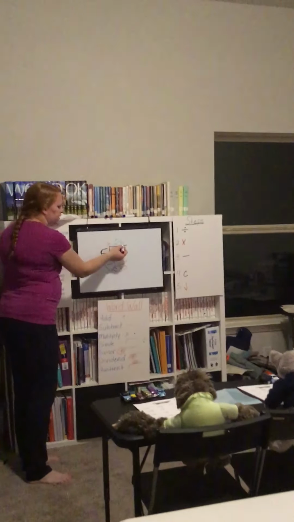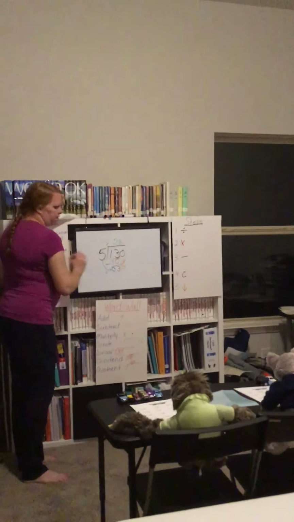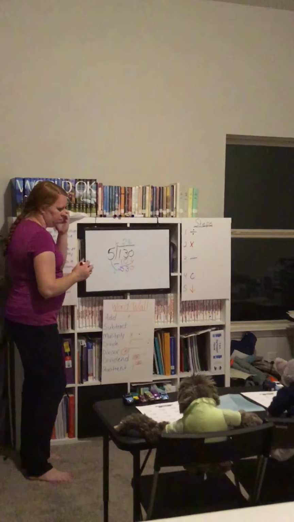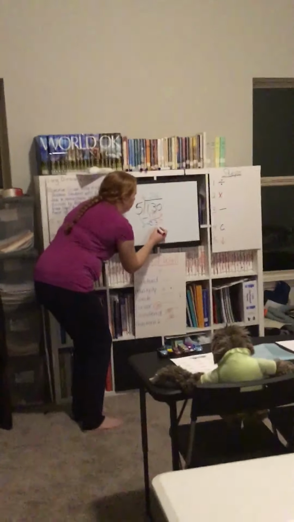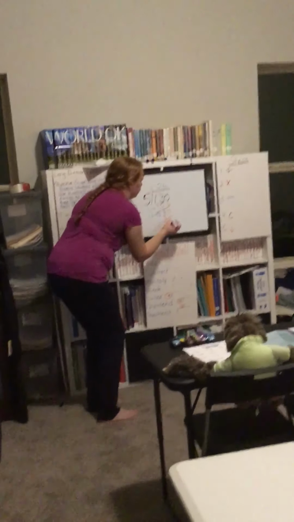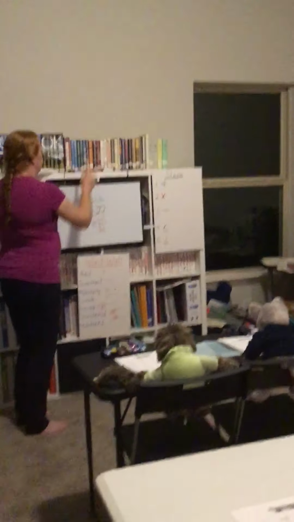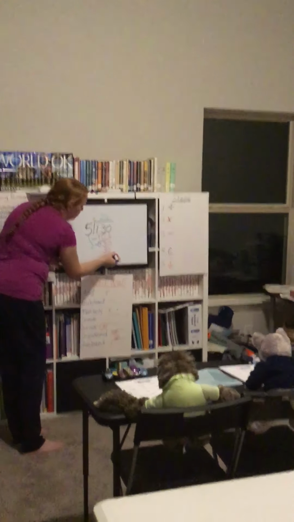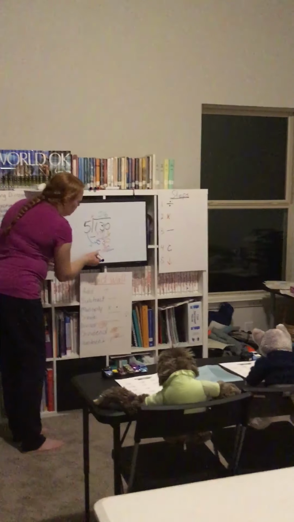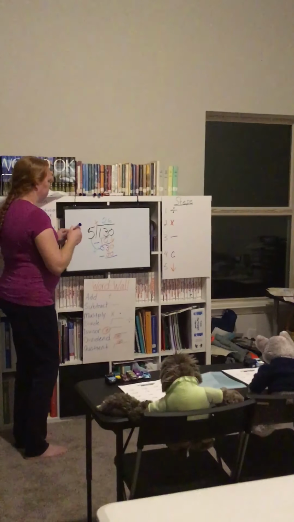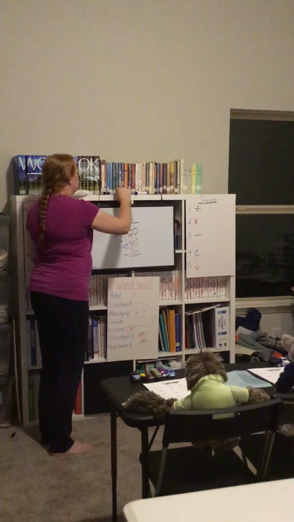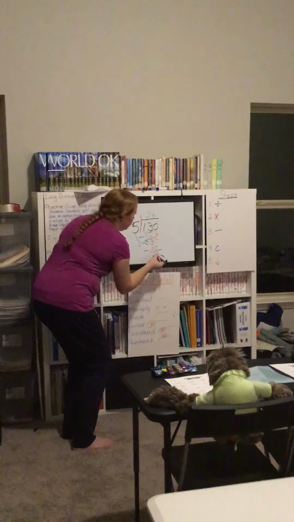We're doing our 6 times 5 is what? Good, Mr. Wolf, 30. Okay, now we subtract. What is 30 minus 30? Good, Miss Cat. 0.